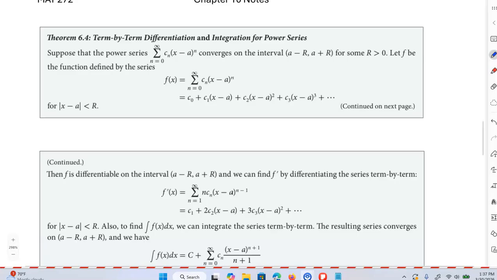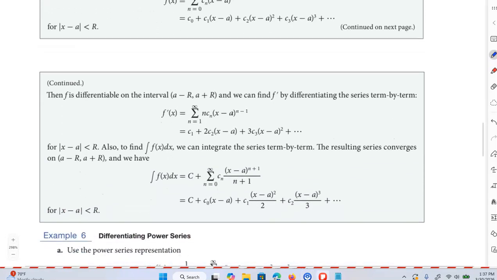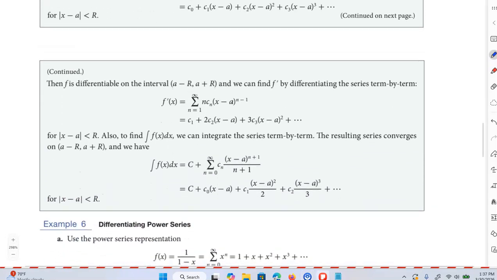And let f be the function defined by the series, f of x equals the sum from n equals 0 to infinity of c sub n (x minus a) to the n. So I've got this infinite polynomial I'm thinking about here. Then f is differentiable on the open interval a minus capital R to a plus R, and we can find f prime by differentiating the series term by term.